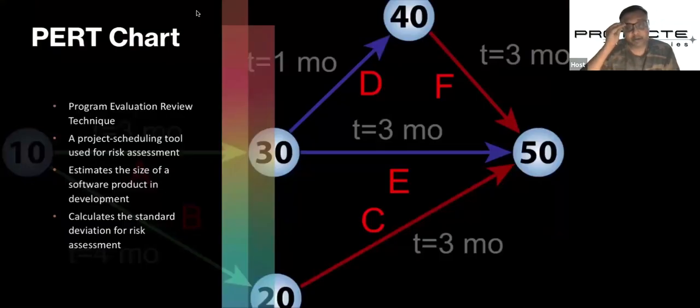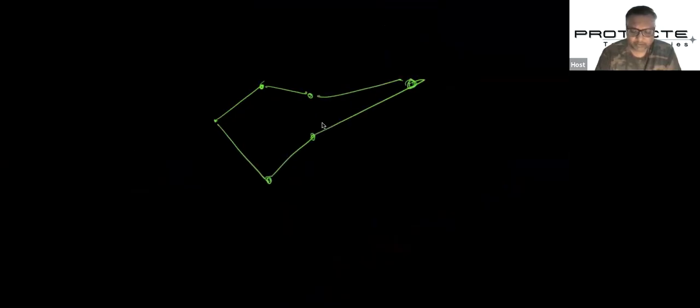Then there is something called a PERT chart, Program Evaluation Review Technique chart. In a PERT chart, you have milestones. It's like a routing table. You have a software which has to be built, and you have milestones, and all milestones need to converge, and then only the software is supposed to be built.